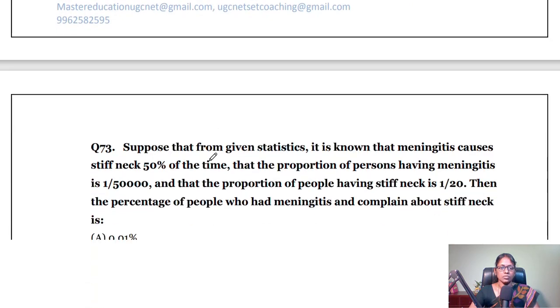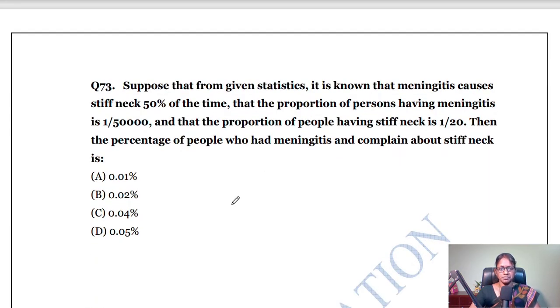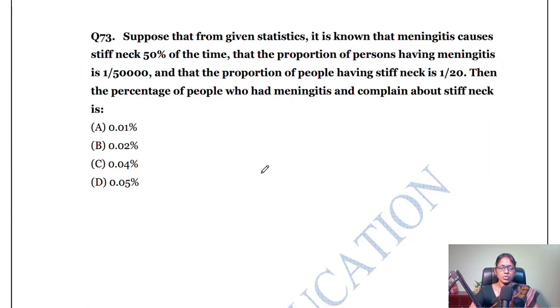And the next question is, suppose that from given statistics it is known that meningitis causes stiff neck 50% of the time, that the proportion of persons having meningitis is 1 by 50,000, and the proportion of people having stiff neck is 1 by 20.